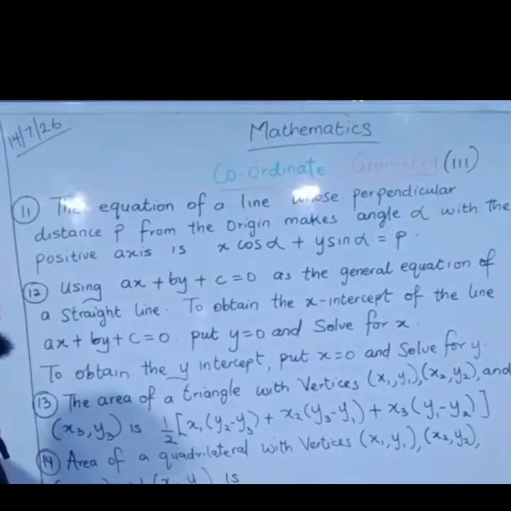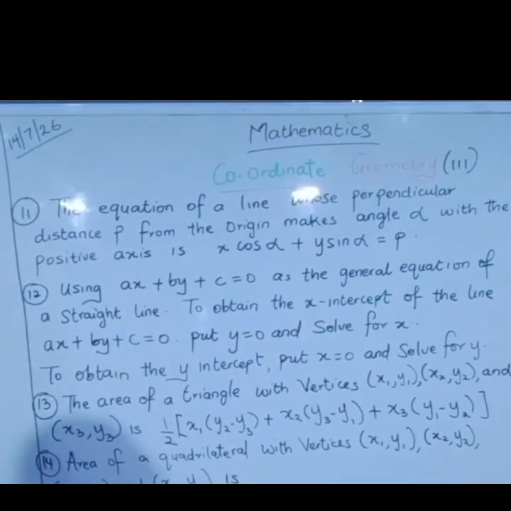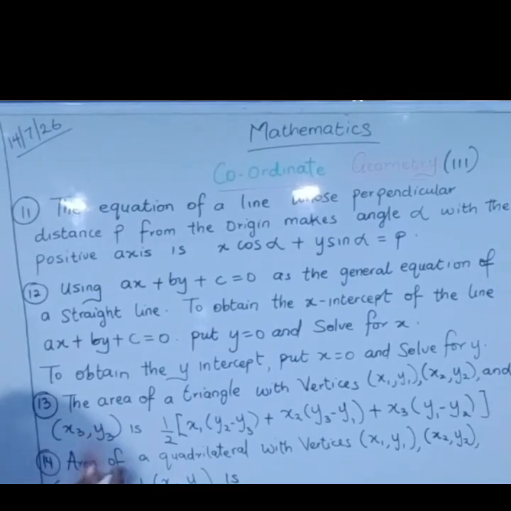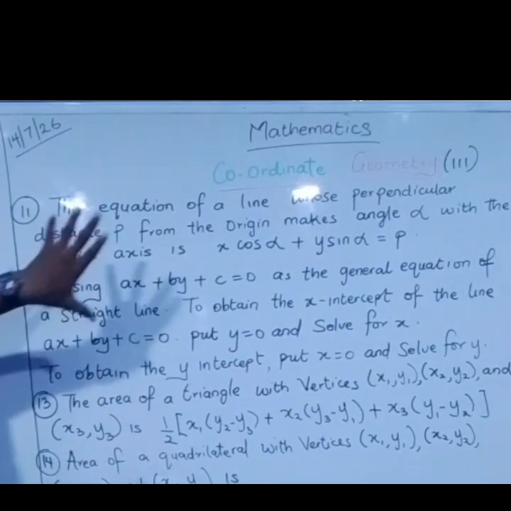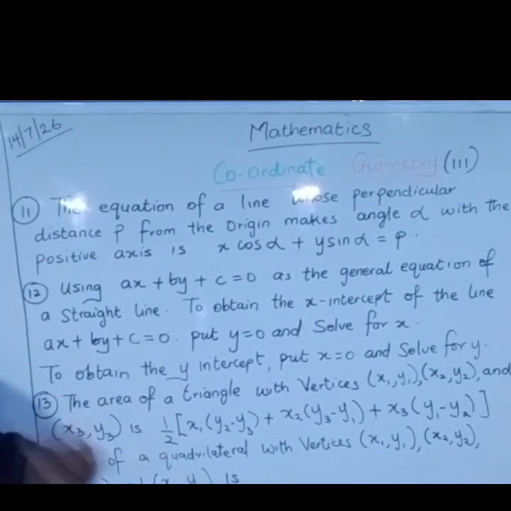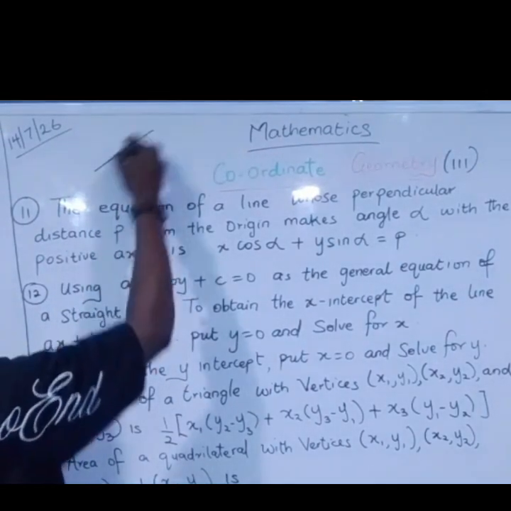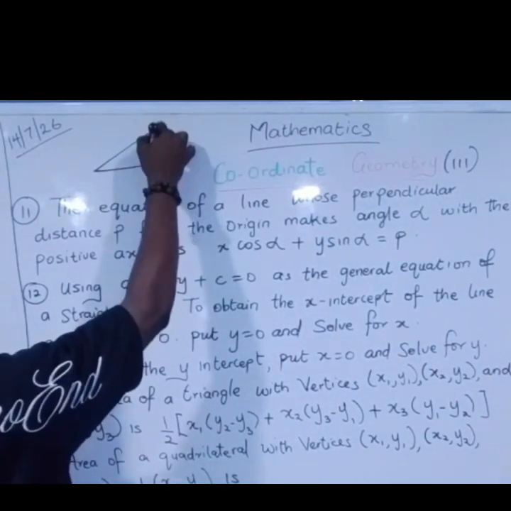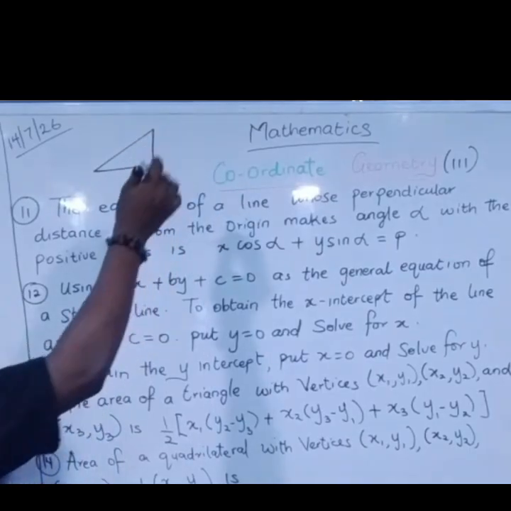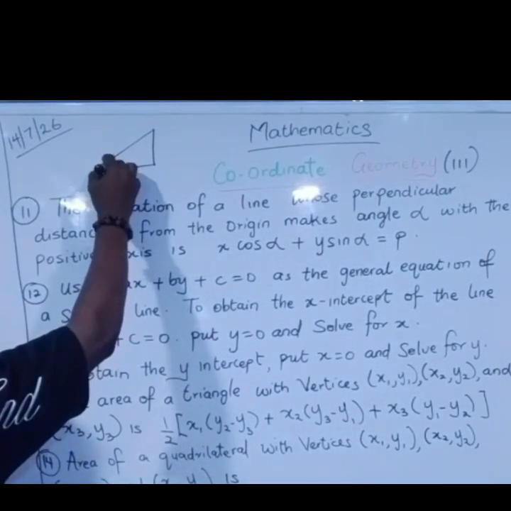For this one, the equation of a line whose perpendicular distance from the origin makes an angle with the positive axis. So they're asking for the equation of a line, but the condition they gave us here is that there is a distance. So it's something like this, right? So there is an acute angle.